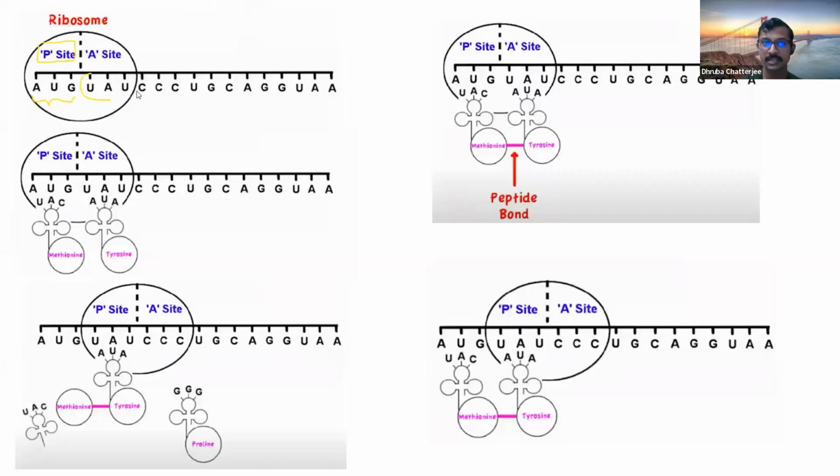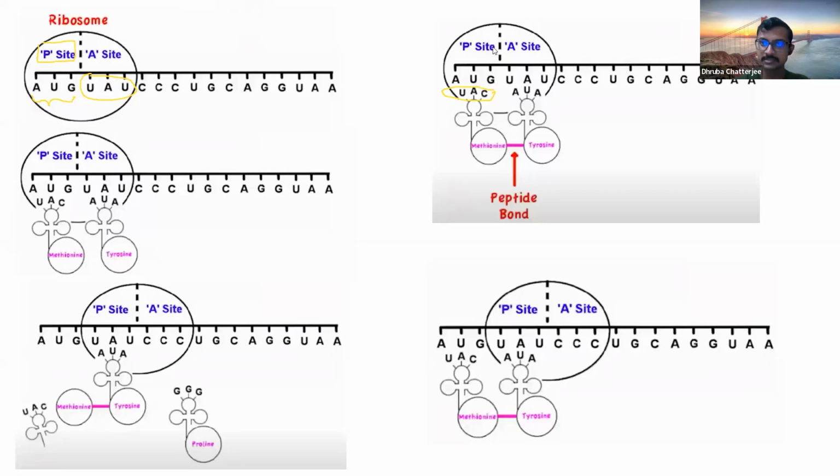And at the A site, the next codon will be placed. For the start codon, always one particular tRNA comes in, a tRNA carrying methionine, which has an anticodon complementary to the start codon AUG.